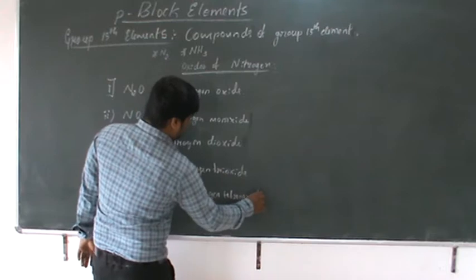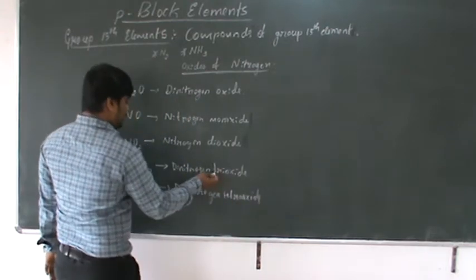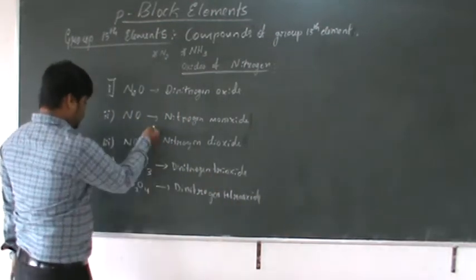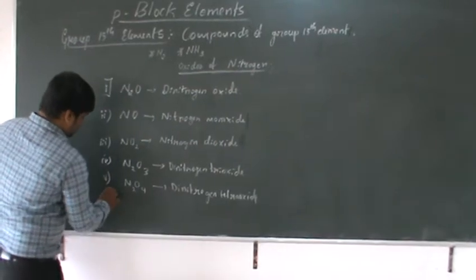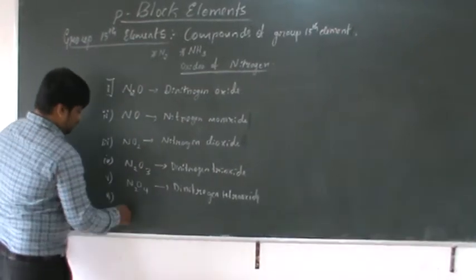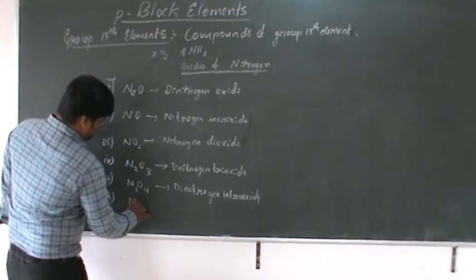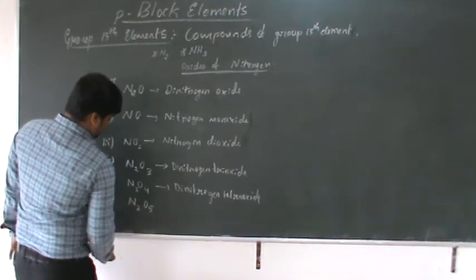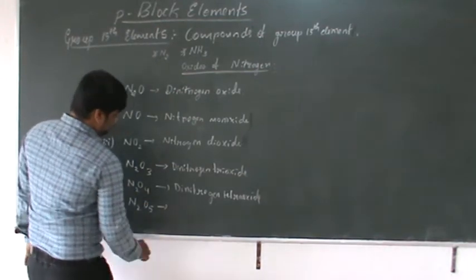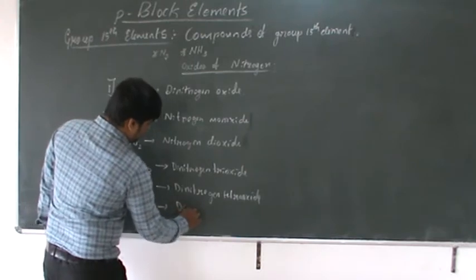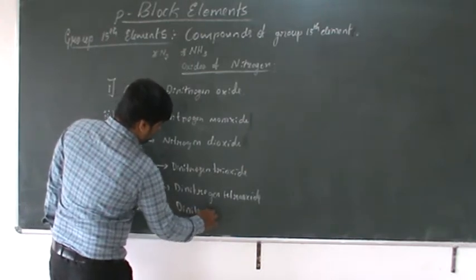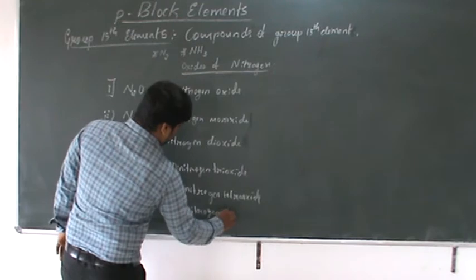The reason for using tetra is the prefix for oxygen. The last one, the sixth one, is N2O5, dinitrogen pentoxide.